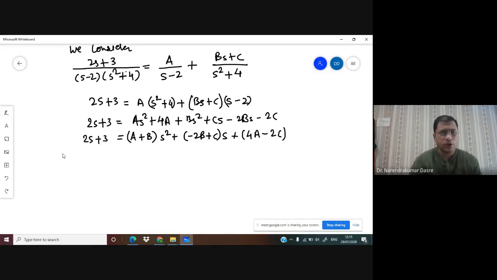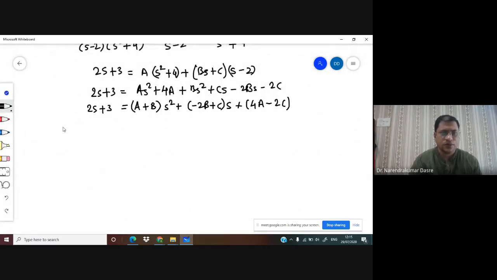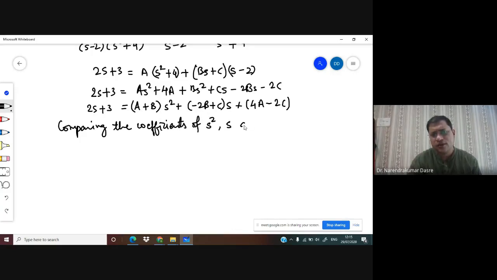Now what I'll do is compare the coefficients of s square, s, and constant terms on both sides.